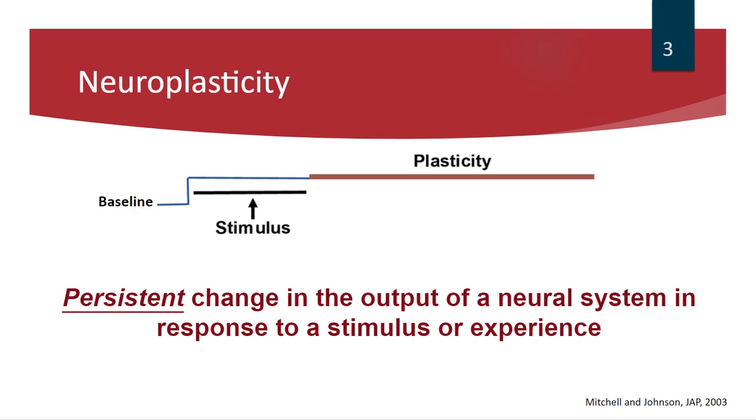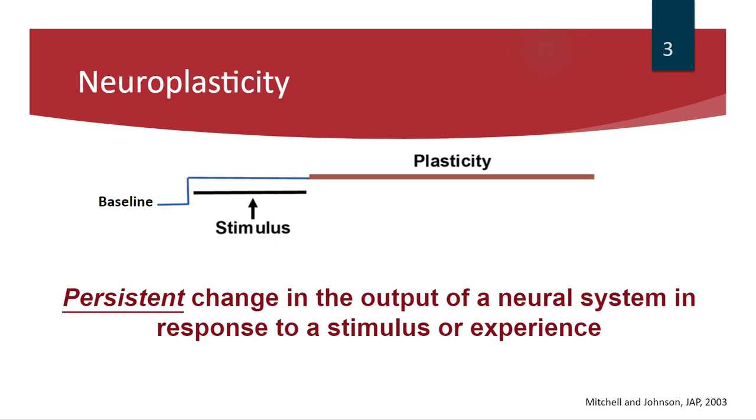We can illustrate neuroplasticity with a simple schematic like you see at the top of the slide, where you have some baseline neural output. Then a stimulus is provided to the system, and in this case, the neural output in response to that stimulus increases. Then as a direct result of this stimulus, there is some sort of change within that neural network that produces a lasting increase, in this case, in the neural output of the system after that stimulus is removed.